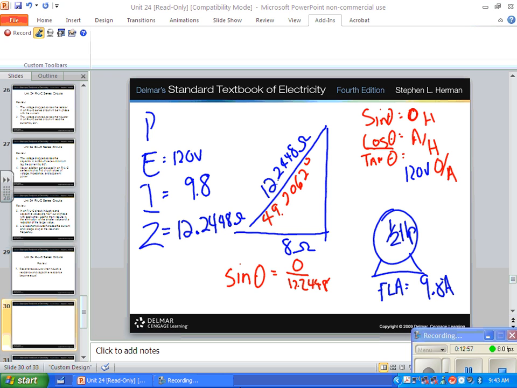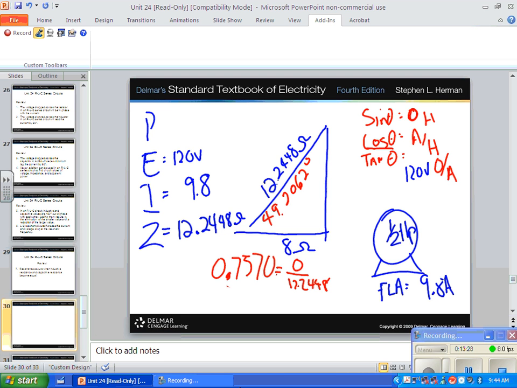We've got the angle in our calculator right now, so we just put in sine, second function, answer, enter. And the sine of this angle is 0.75, and that's equal to the side opposite divided by 12.2448.